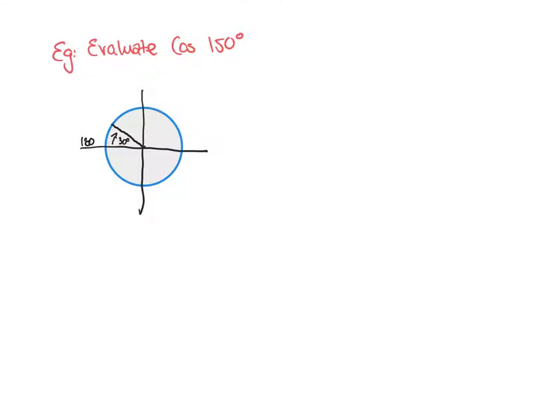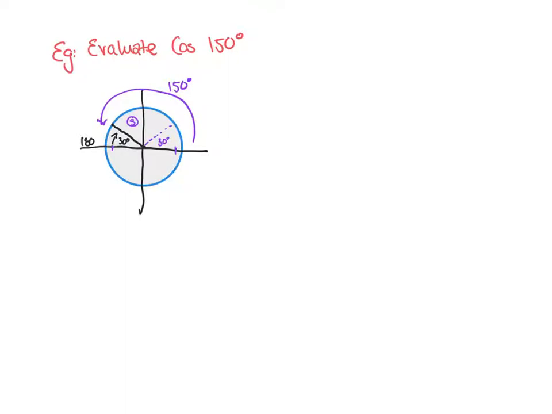This is where 150 would be. It'd be 150 degrees that way. So remember we said that it will be the same value as cosine 30, except it will be a negative because we know that only sine is positive in this quadrant.